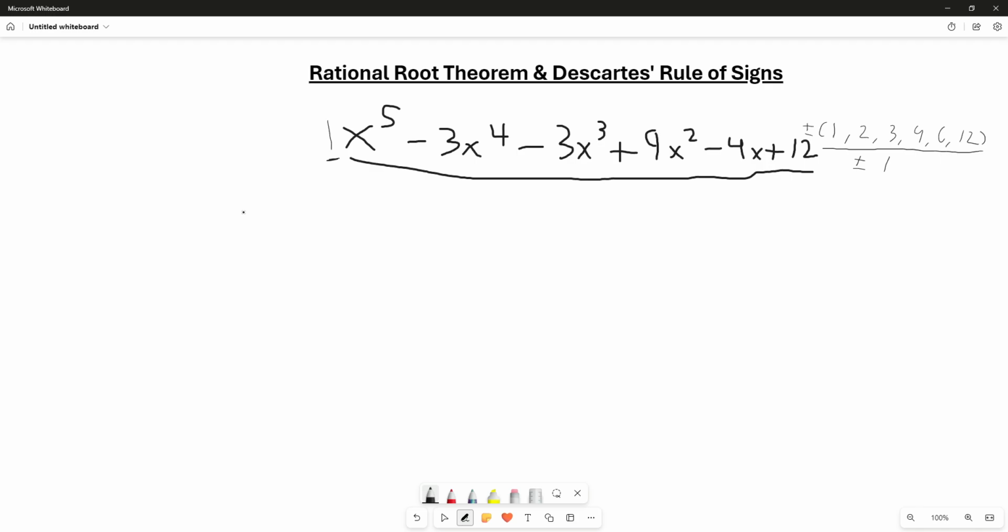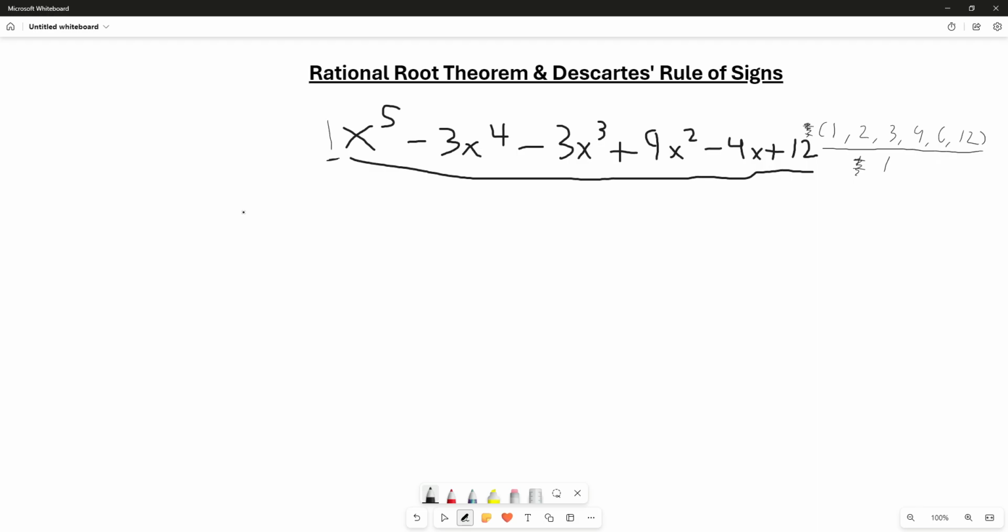So what this tells us is that any of the zeros of this function can be written as plus or minus one of these numbers over plus or minus 1. So since I just told you that the plus or minus doesn't matter, since every single one of these is going to have a plus or minus in front of them, you can just get rid of this and get rid of this and just do all of these down.